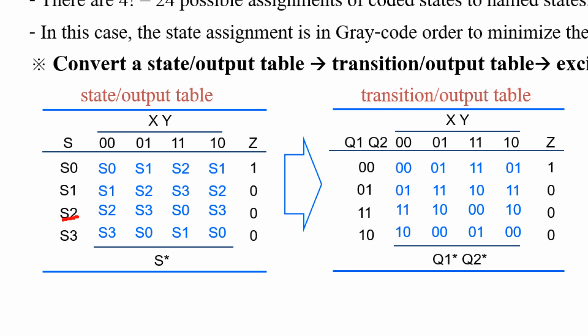S2 also, S2 is 1,1, so you change S2 to 1,1. And for S3, you define it as 1,0, so you just replace S3 by 1,0. So now you get the transition output table.